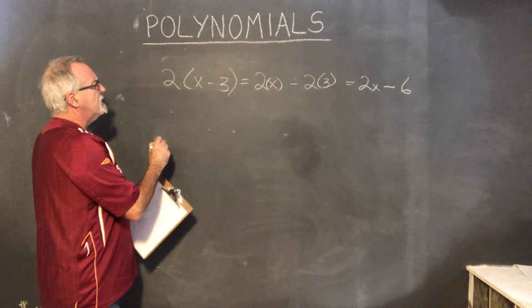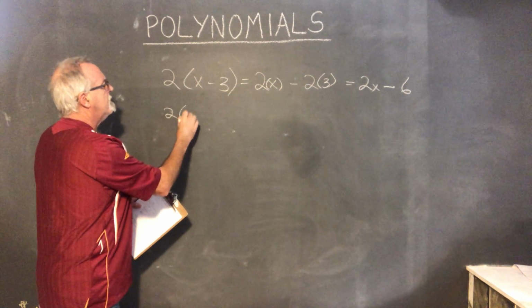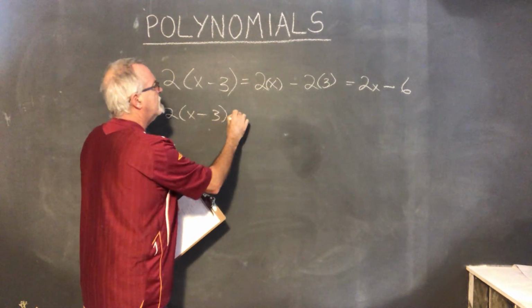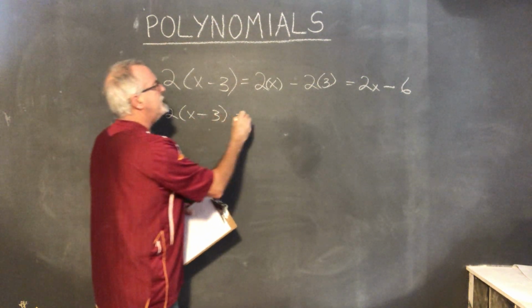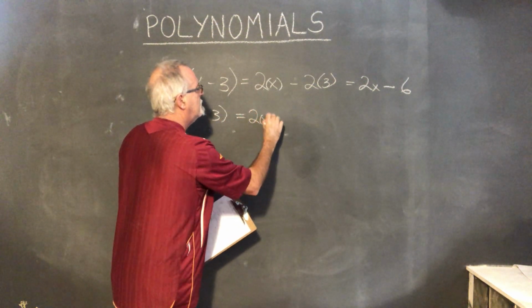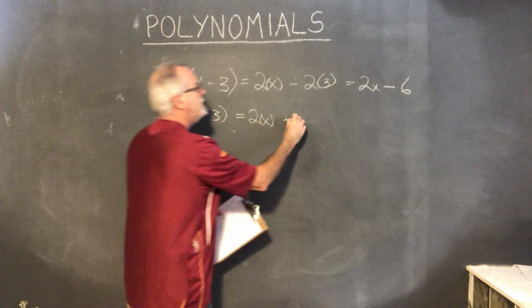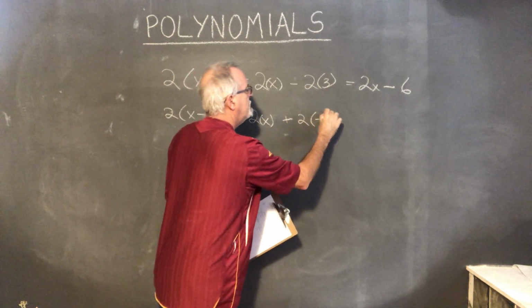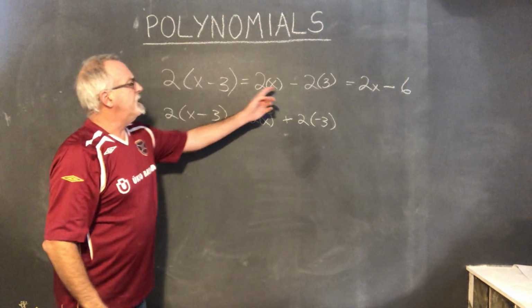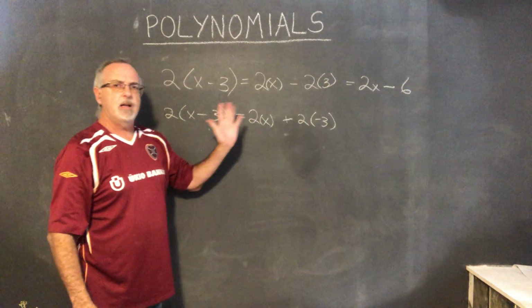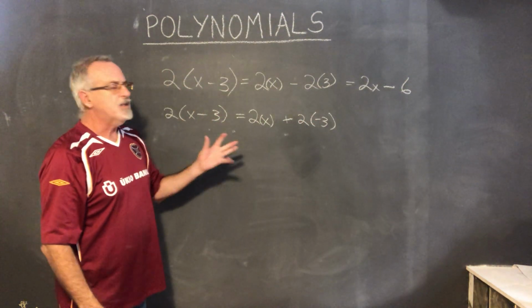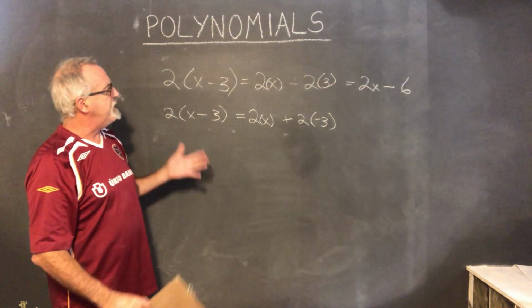We can also write it like this: 2 times x plus 2 times negative 3. This negative sign has to be there either way. It's sort of a way of interpreting it.